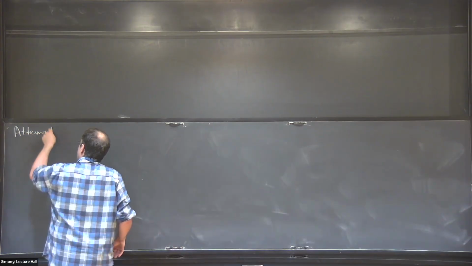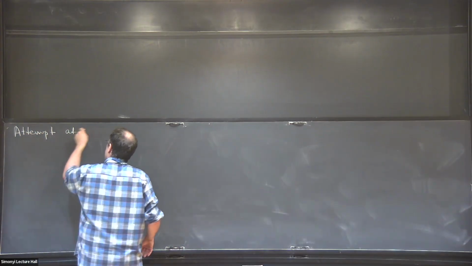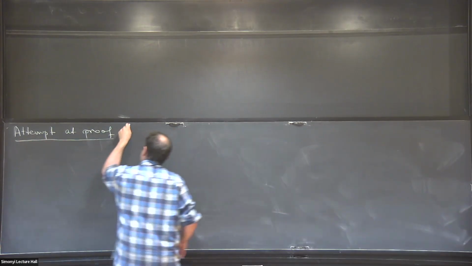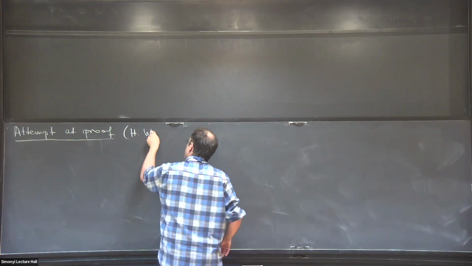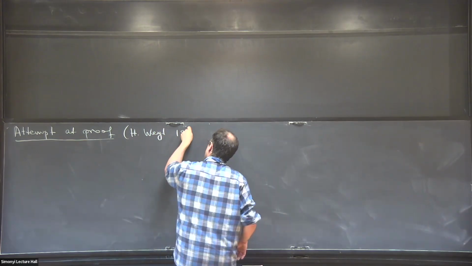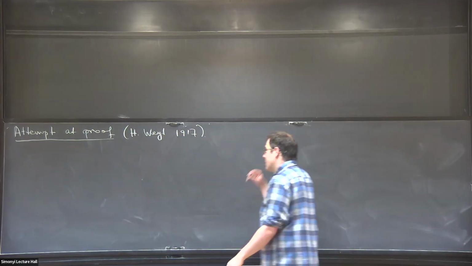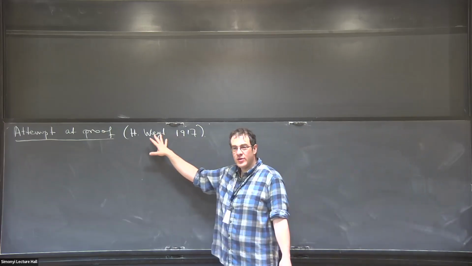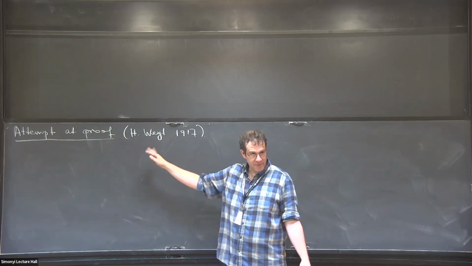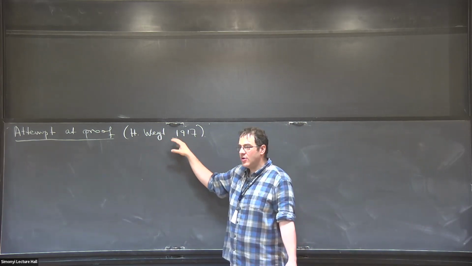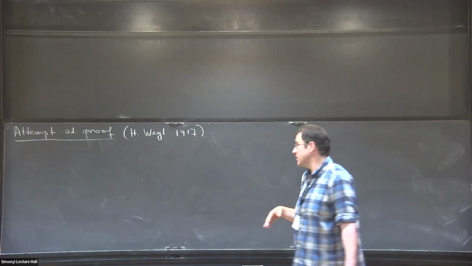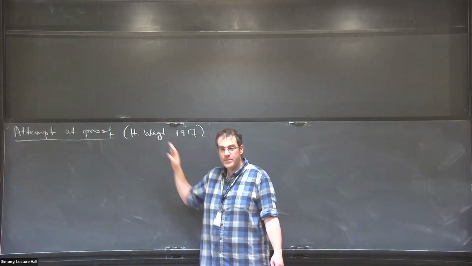Actually, I'm slightly misrepresenting. This is a failed attempt, since Hermann Weyl wasn't trying to prove this theorem. What I'm going to show you is a technique used in the classical proof of the Alexandrov-Fenchel inequality, and it dates back to this paper of Hermann Weyl.